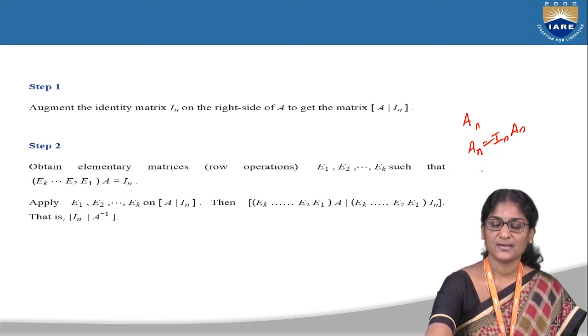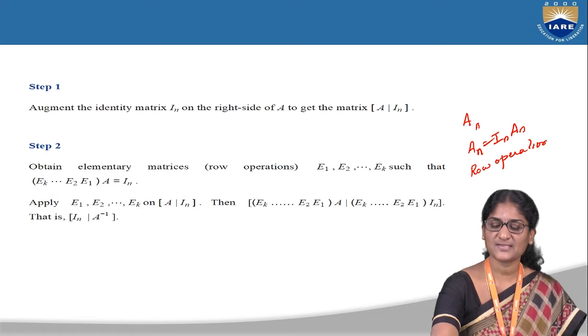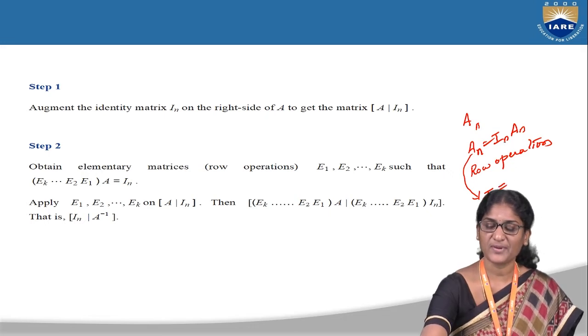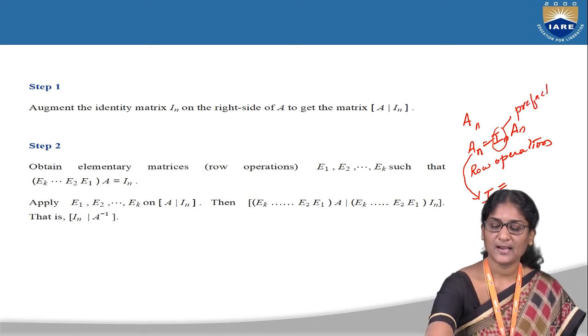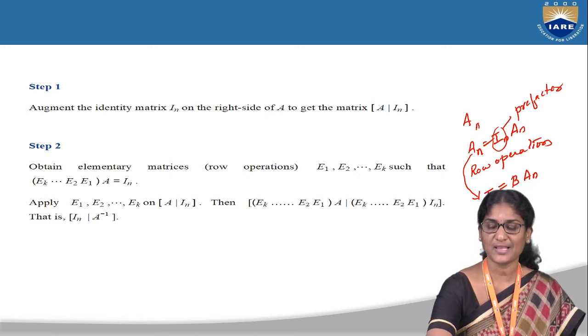Now you start doing row operations such that the left hand side matrix is completely converted to identity In, and the similar operations are done on the prefactor In, which is converted to matrix B into An. An will be running throughout the problem till the end.